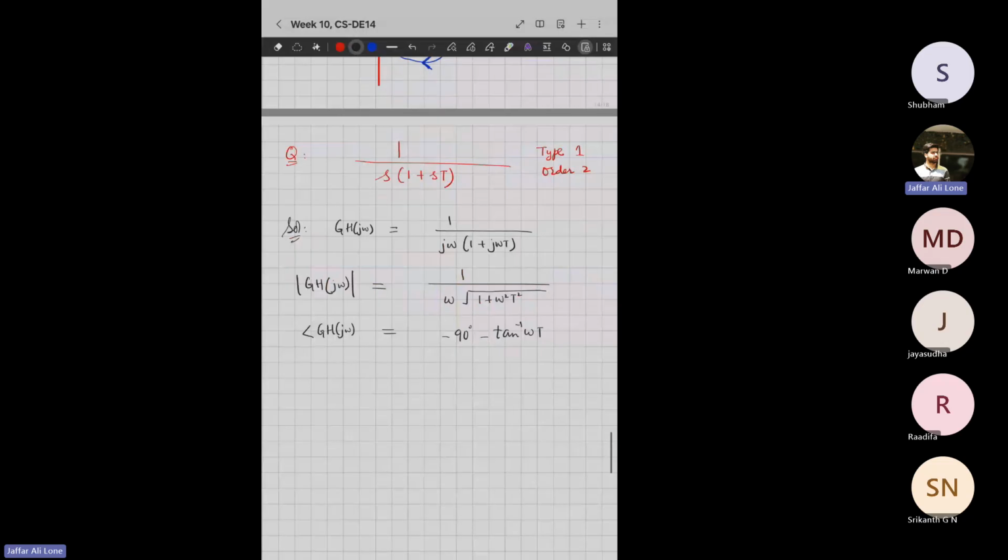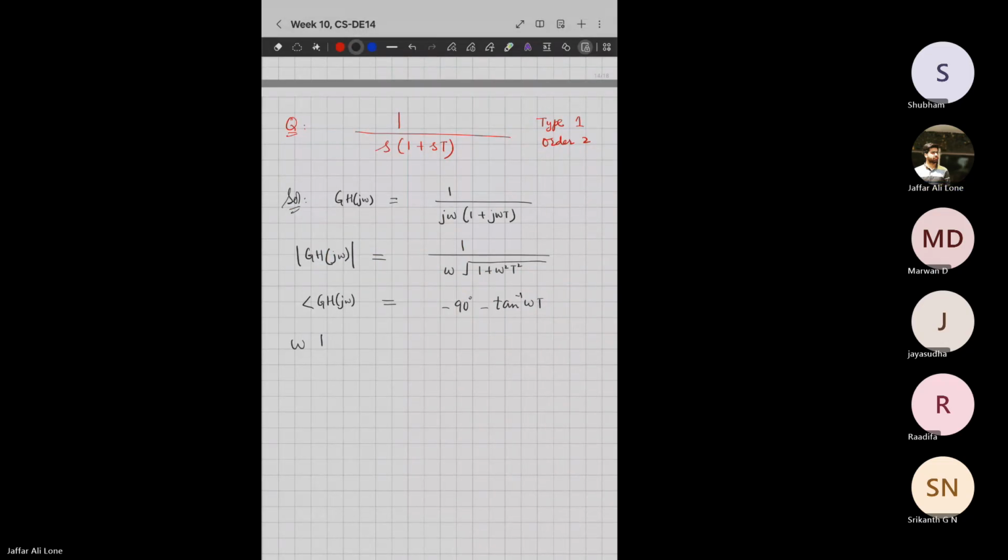For any complex number x plus iy, how do you write the magnitude? Under root of x square plus y square. And obviously here, the magnitude of j omega is omega. Okay, fine, you know this. This is the expression that I got for magnitude and phase. Now let's vary omega and see what my magnitude and phase are, when omega is 0 and when omega is infinity.